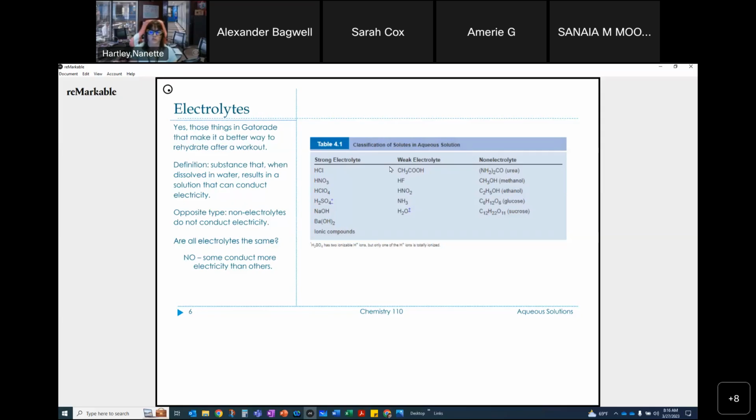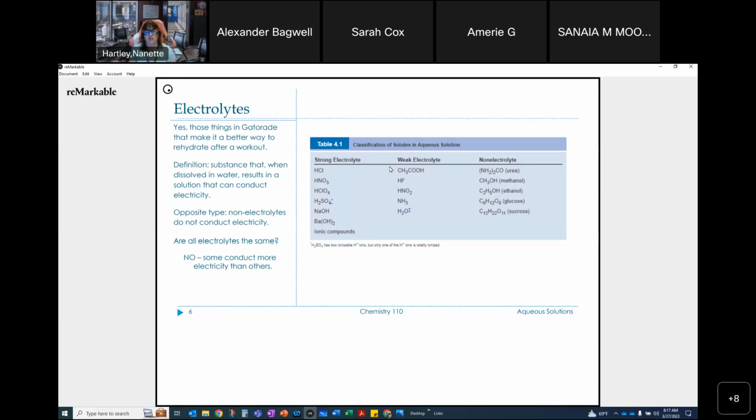That's where that term comes from. The reason it can conduct electricity is because it creates ions in solution, which can then move when electricity is applied. So if we have something that breaks up and becomes cations and anions, like an ionic compound, then that is going to be an electrolyte.